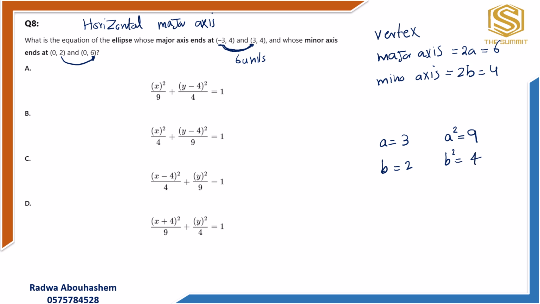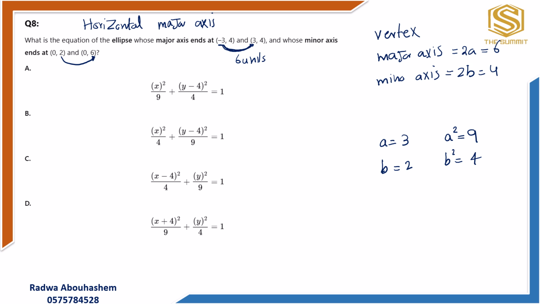So I'm searching for an equation. Start with a power 2, right? Good. But I still don't know the center yet. The center is the midpoint between the end points of the major axis, right? So here I need to get the midpoint.